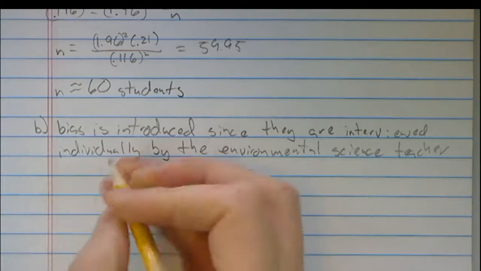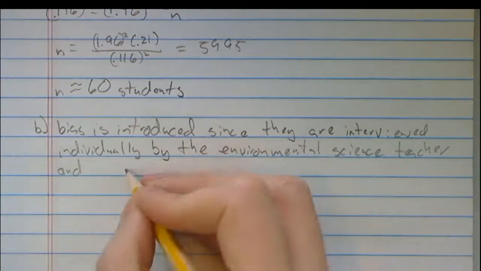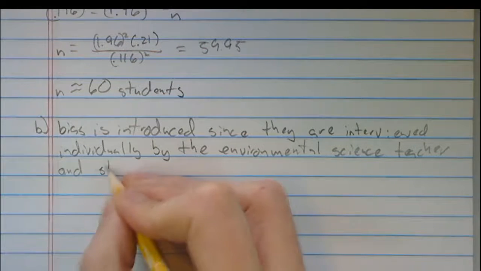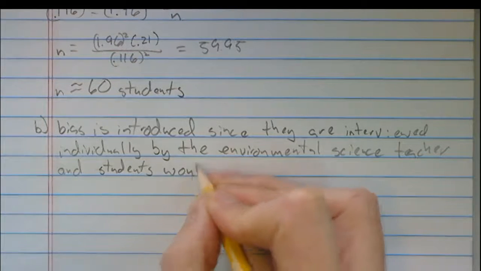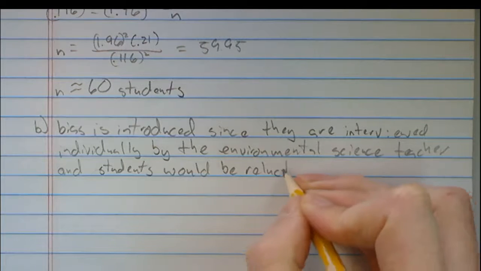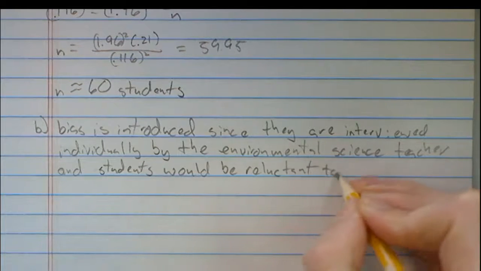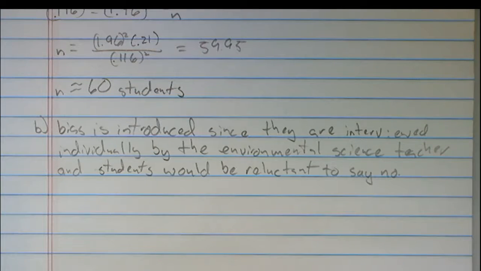And students would be reluctant to say no, or embarrassed to say no, or something like that. And this will cause our point estimate to be too high.